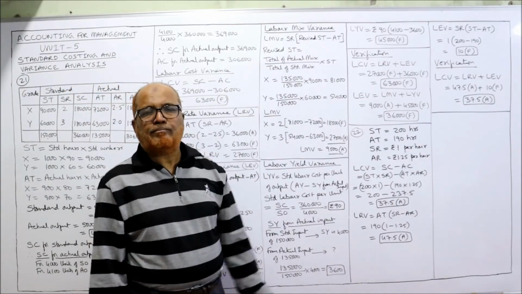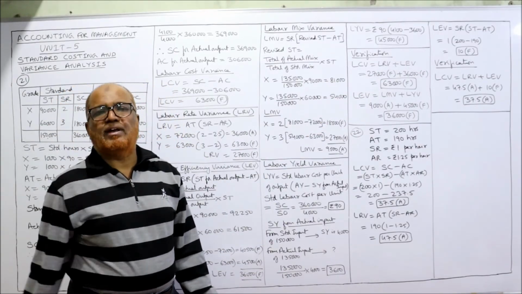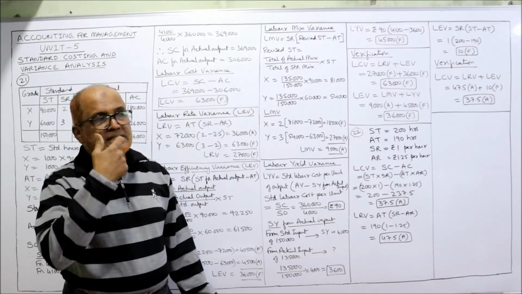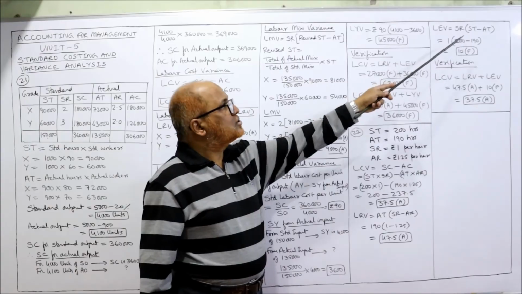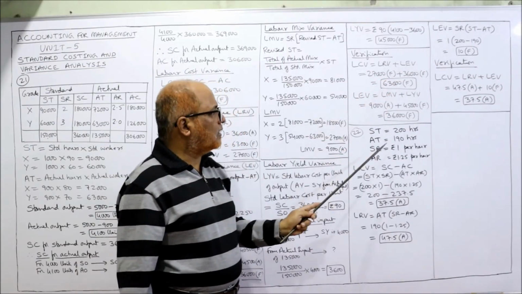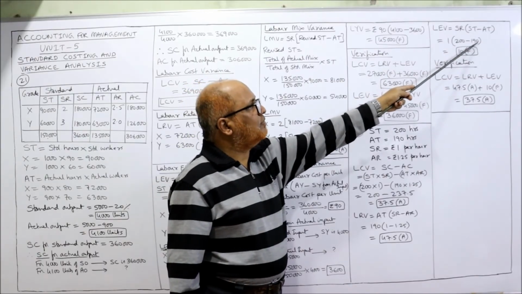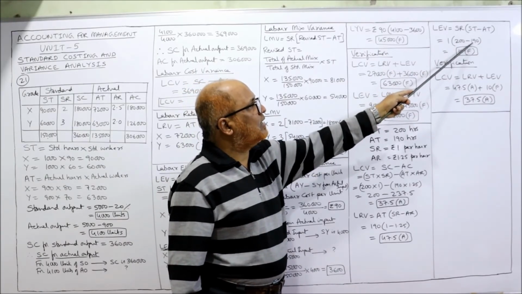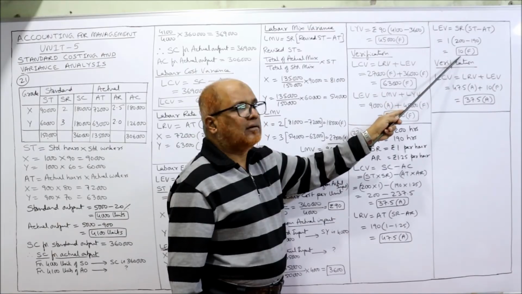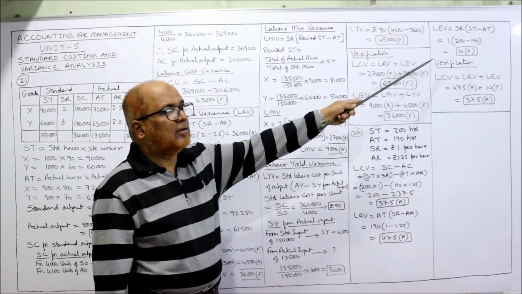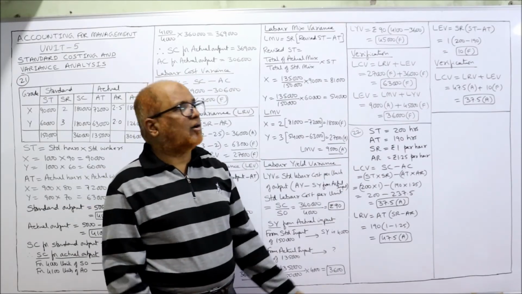Lastly, LEV, labor efficiency variance, is standard rate into standard time minus actual time. Standard rate is 1 rupee. Standard time 200, actual time 190. So 200 minus 190, 10. 10 into 1, 10 favorable because positive you are getting.